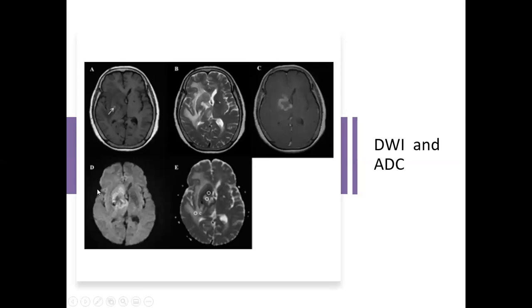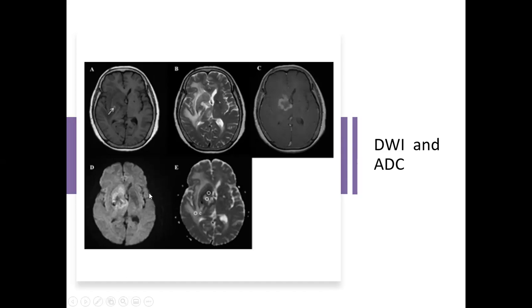On the diffusion weighted image, because there is high malignant potential and high restricted diffusion of water molecules, it shows white or hyperintense.